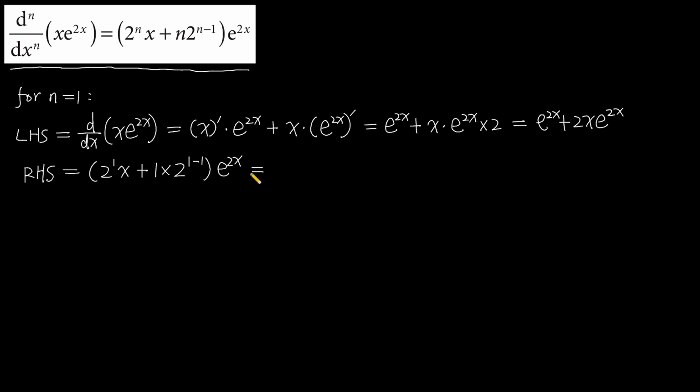And this equals (2x plus 1) then e to the power of 2x. And this equals, we remove the brackets. So here is e to the power of 2x plus 2 multiplied by x multiplied by e to the power of 2x.